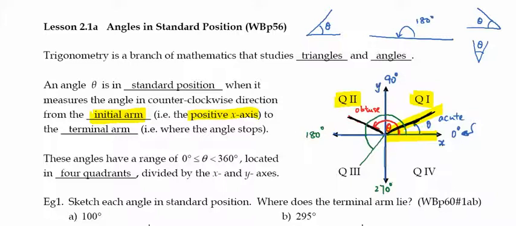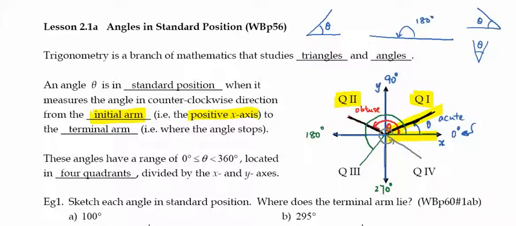Or it may go all the way to the fourth quadrant. If it goes all the way to the fourth quadrant, you will have your angle beyond 270 but less than 360. So all the way to the end, when you have a complete turn, this angle will now give us 360 degrees.